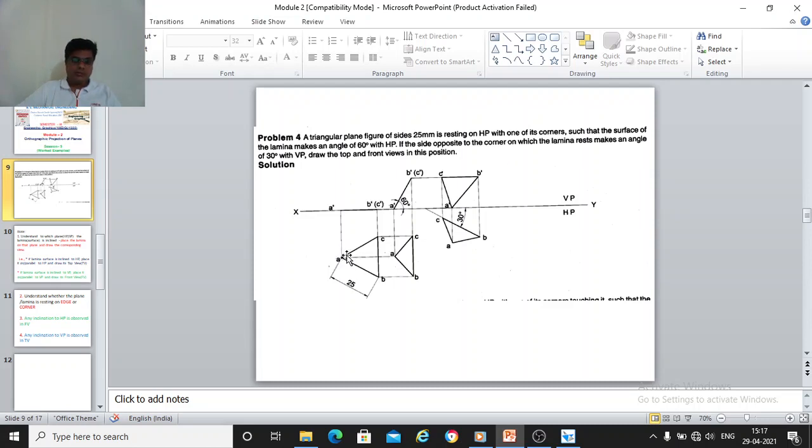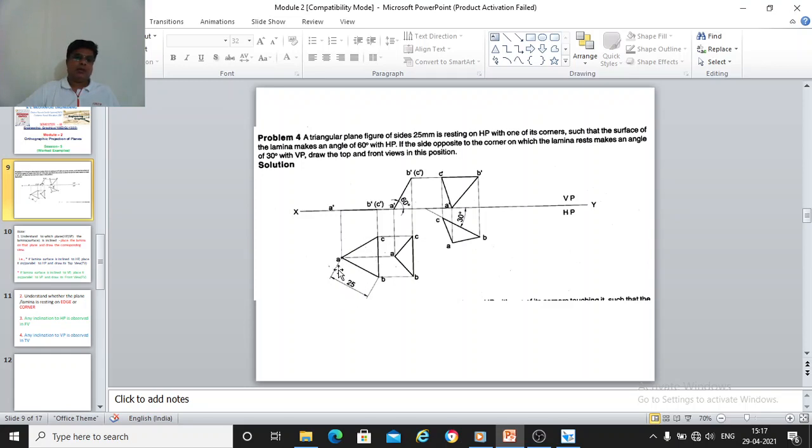In the previous problem, you had drawn the triangle with this edge, this side. Now you draw the triangle in such a way that the edge is on the right side and the corner is on the left hand side, for your easy understanding.